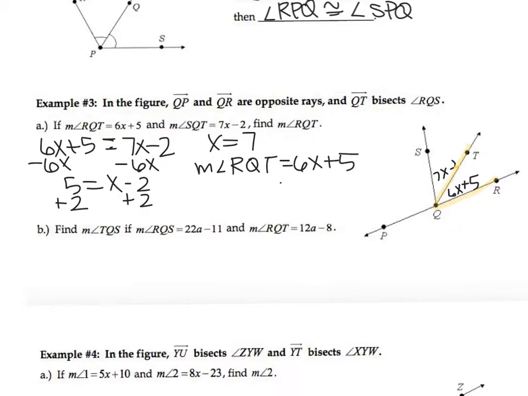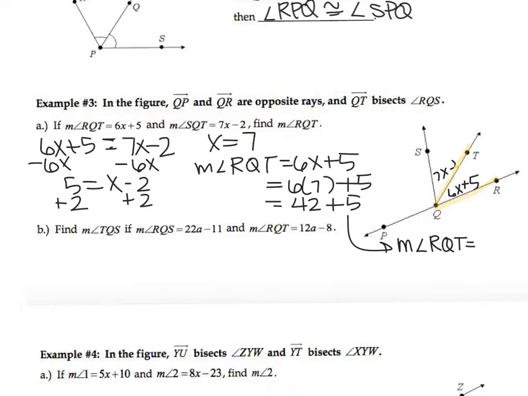Plugging in 7 for x, we get 6 times 7 plus 5. 6 times 7 is 42 plus 5. So the measure of angle RQT is 47 degrees. And it also tells us the measure of angle SQT is also 47 degrees, since they are the same.